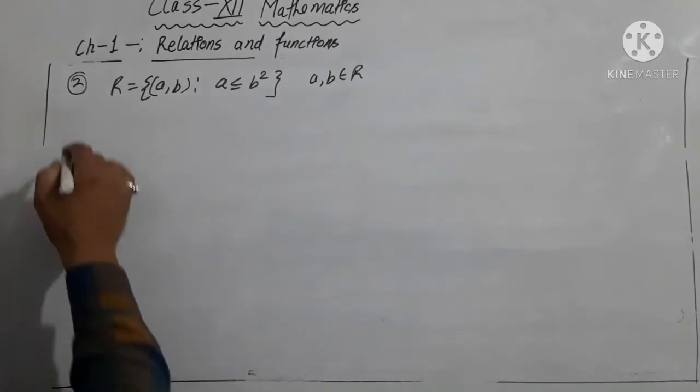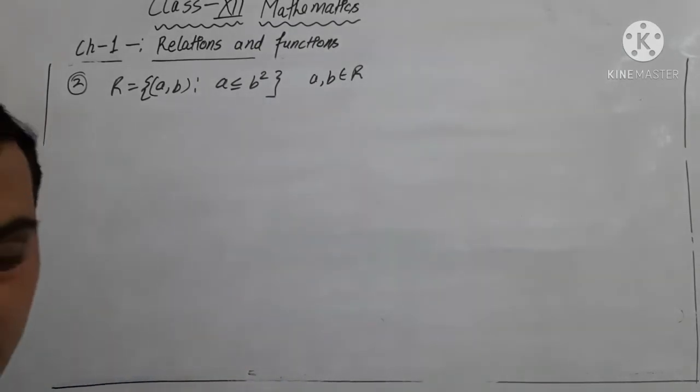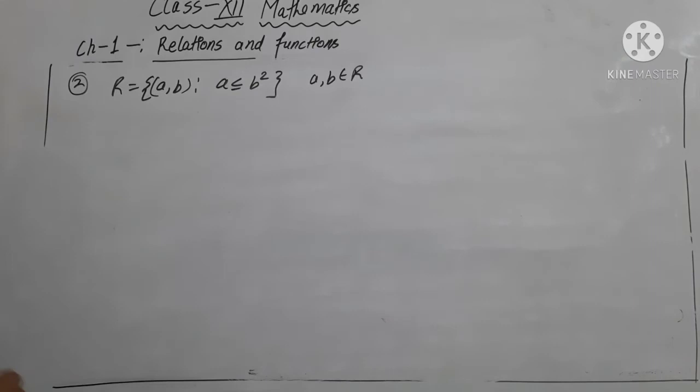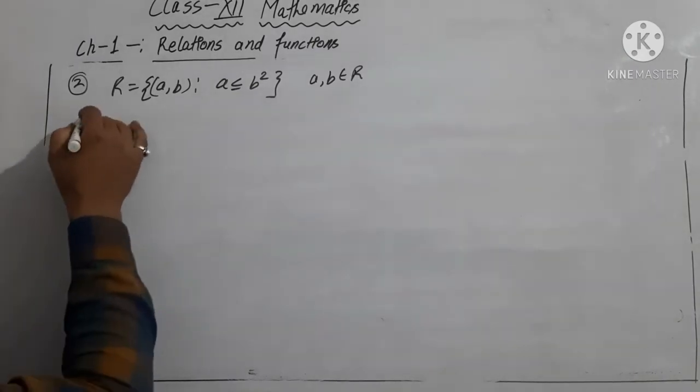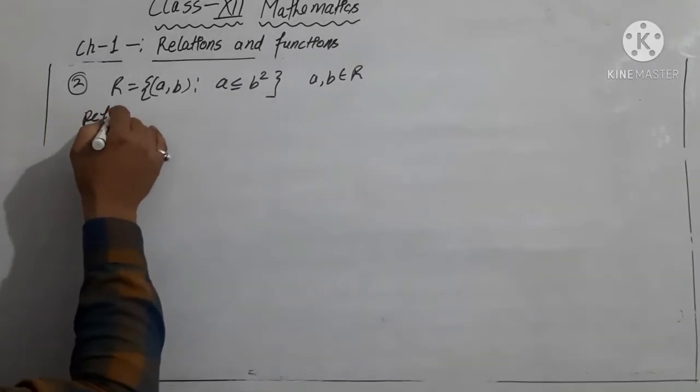Here we have to show that the relation is neither reflexive, nor symmetric, nor transitive. So one by one we will check the conditions.